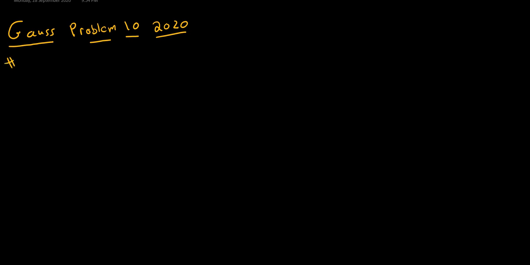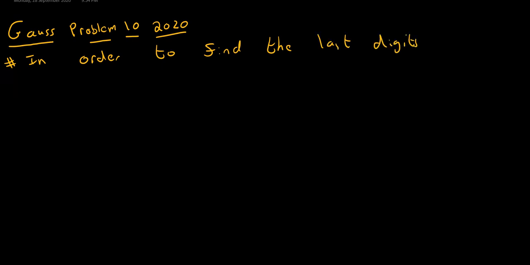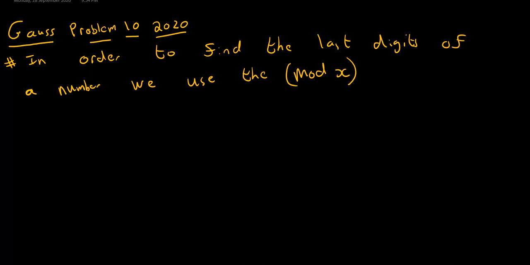So in order to find the last digit of a number, we use mod x arithmetic, and let's find the last digit mod x value.